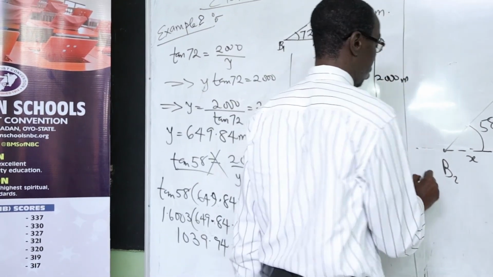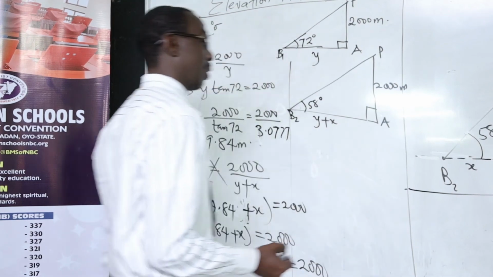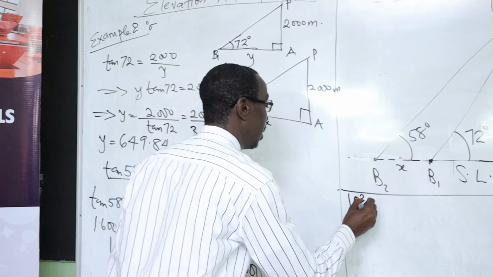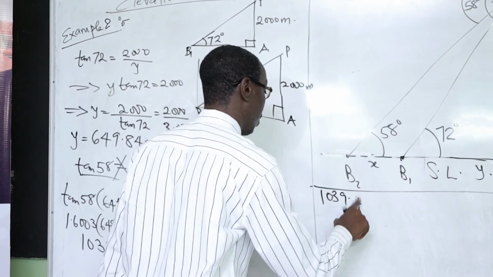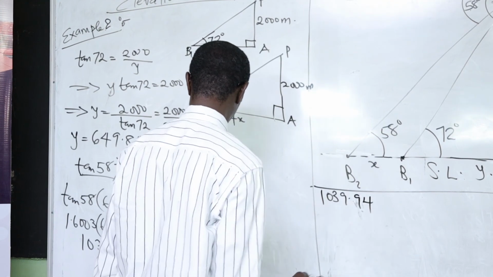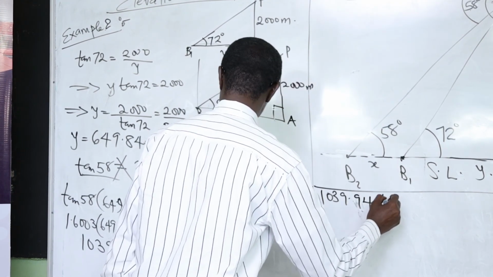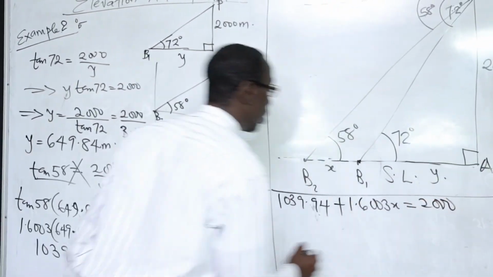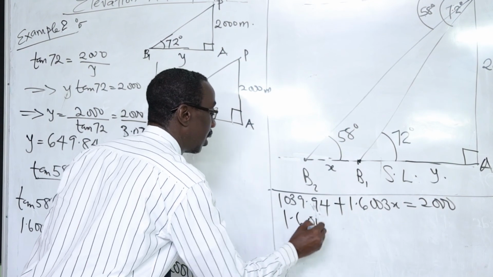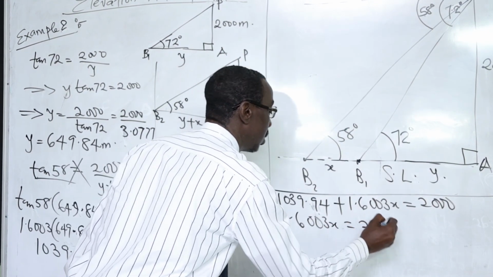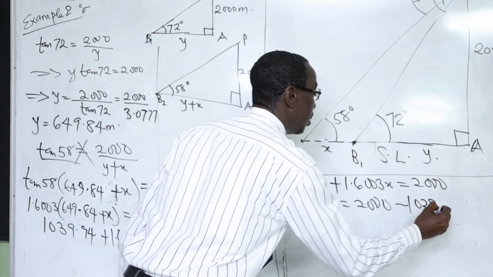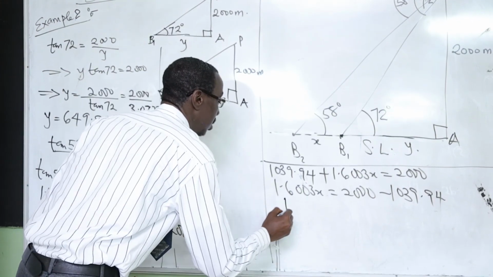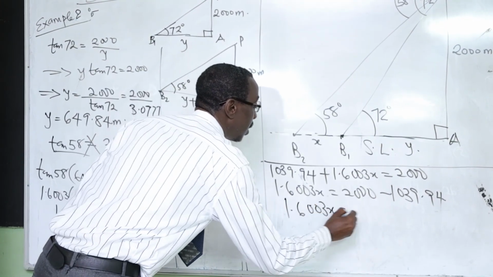Yes or no? Bringing the equation to this space, I have 1039.94 plus 1.6003x is equal to 2,000. Collection of like terms, I have 1.6003x is equal to 2,000 minus 1039.94. Somebody do that subtraction for us. 960.06.